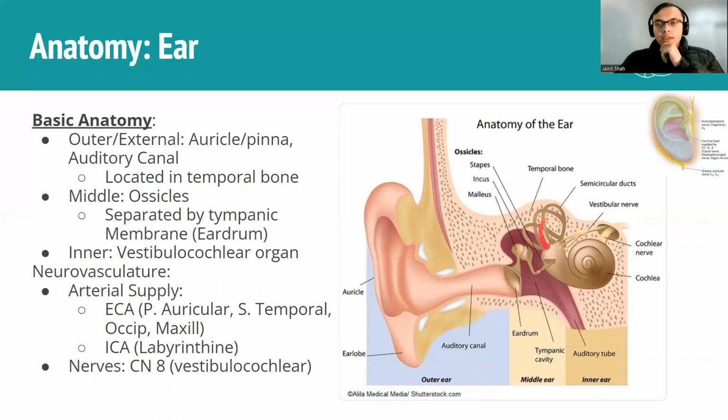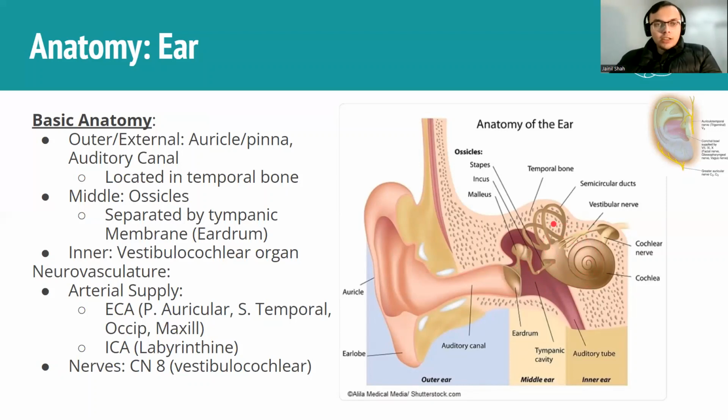And then you have your inner ear as being this structure here, which is essentially the vestibular cochlear organ. It's the actual organ that will be able to translate sound waves into electrical impulses and also be able to compute things like position for your balance and send that to the brain as well. So that's your external, middle, and inner ear all done, right?